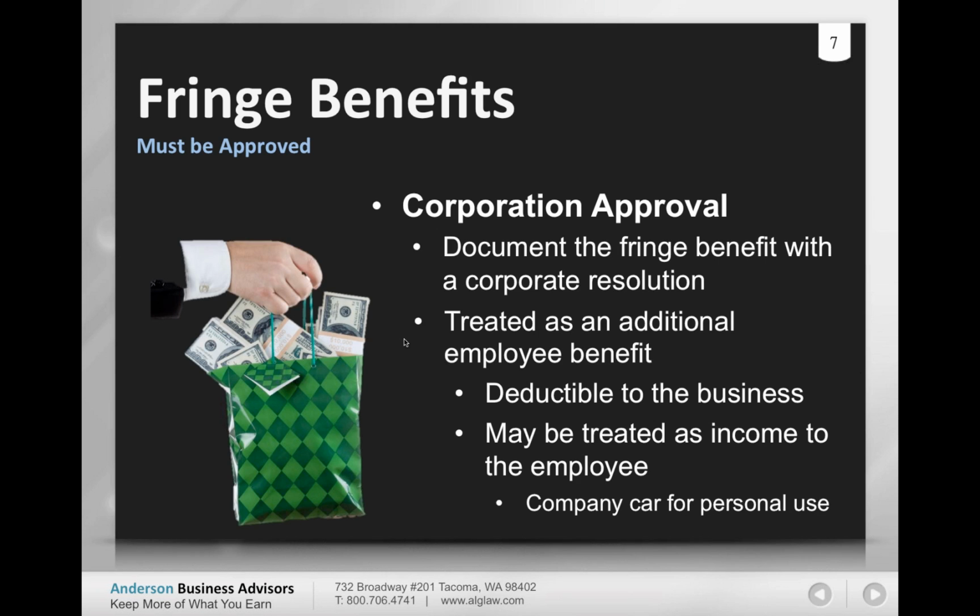So first and foremost, I want to get as much money back to me as I possibly can in regard to reimbursements. However, another benefit that I have in terms of being an officer and director of the corporation is that I can have fringe benefits. And the fringe benefits may or may not be deductible, just depending upon the type of benefit it is.